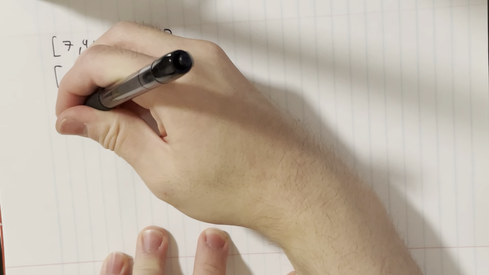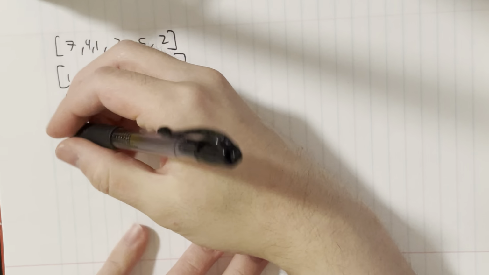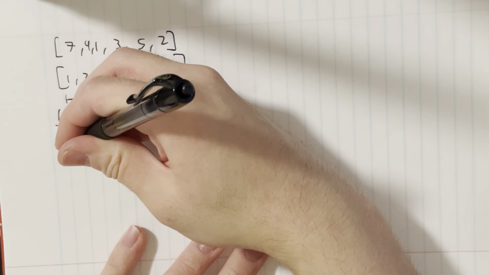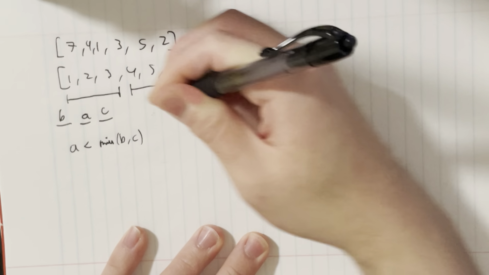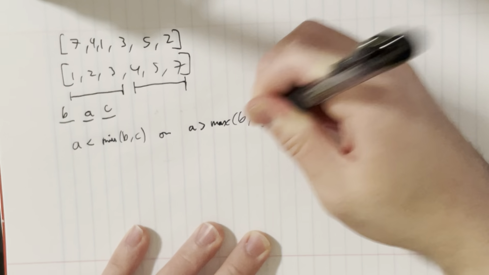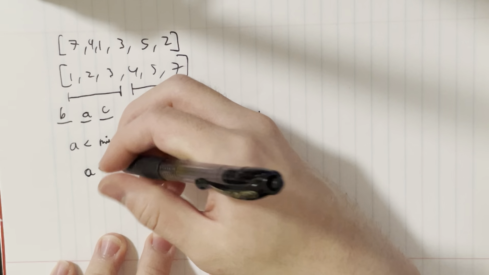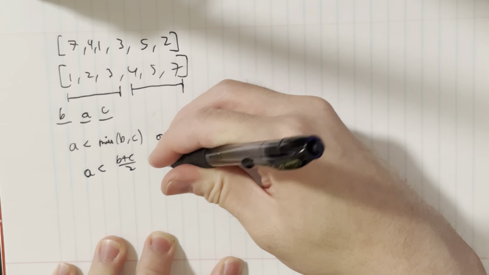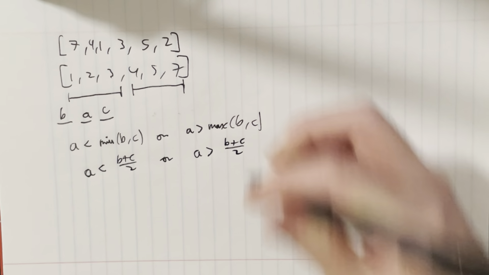So for example, if A is a middle number and its neighboring numbers are B and C, with this alternating arrangement, we can either guarantee that A is strictly less than the minimum of B and C, or we can guarantee A is strictly greater than the maximum of B and C. And either way, this guarantees that A is strictly less than (B plus C) over 2, or that A is strictly greater than (B plus C) over 2.